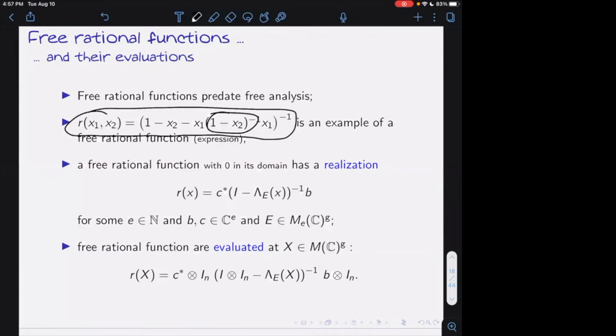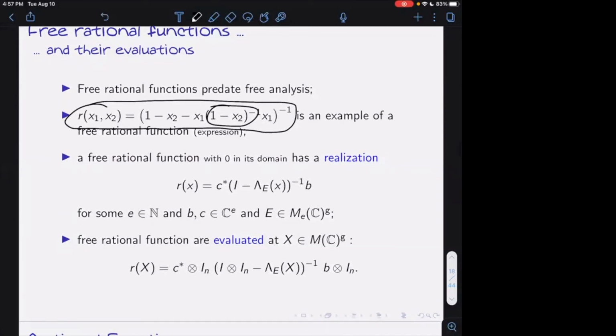That's an example. So it turns out, I haven't actually said what a free rational function is. I'll do that in a minute, but one with zero in its domain. In other words, it makes sense, you can plug in zero. We didn't ever take the inverse of something that would be undefined at zero. It has what's known as a realization.